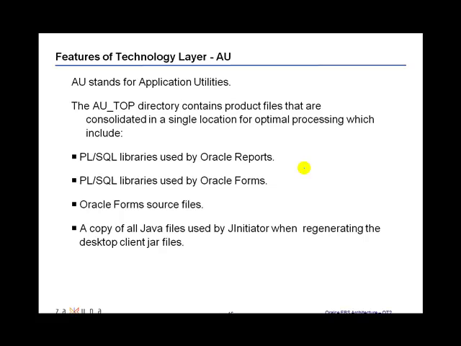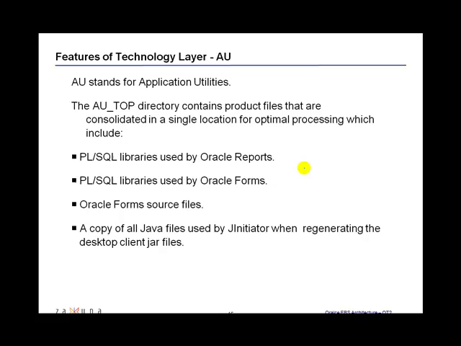And the other part of the technology layer is the AU, which stands for application utilities. All the PL/SQL libraries and all Oracle Forms and Reports fall under the application utilities.